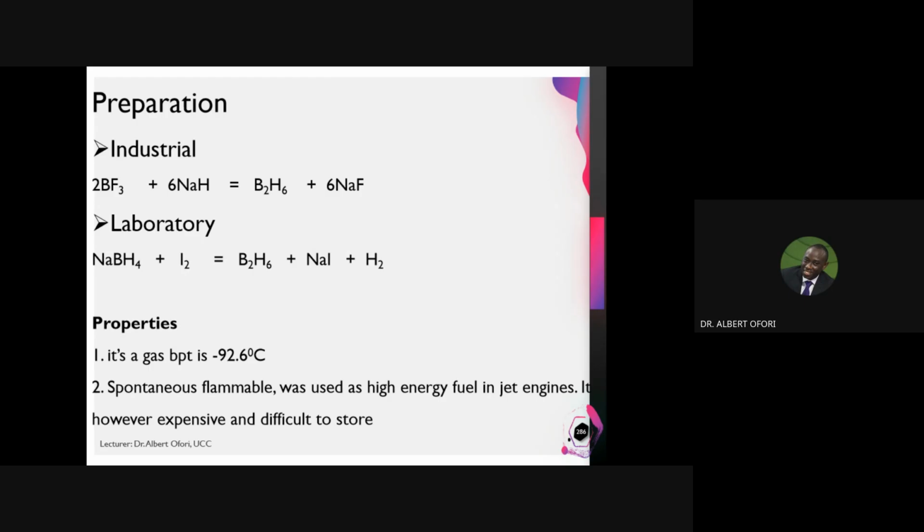In the laboratory, once I have sodium borohydride mixed with iodine, I can produce the diborane. And as I mentioned, the diboranes or the boranes are used as fuel for rockets. So, firing rockets. In the demonstration of that, if you have sodium borohydride and add iodine, you begin generating this gas, which you can use for these rockets.